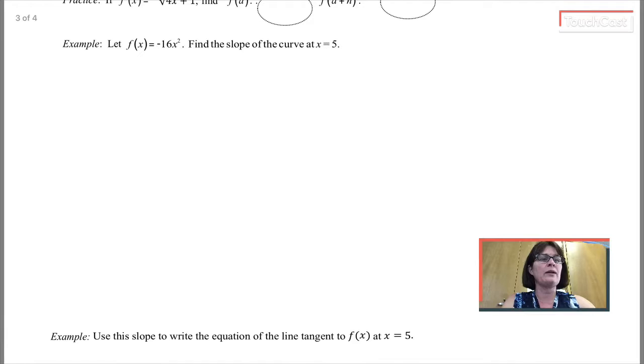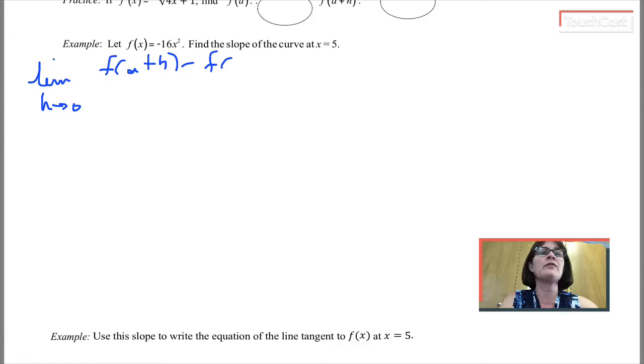I'm going to move out of the way, and we're going to try this one. So the slope of the curve at x equals 5. That's going to be the limit as h goes to 0 of f of a plus h minus f of a all over a plus h minus a, which simplifies to h.